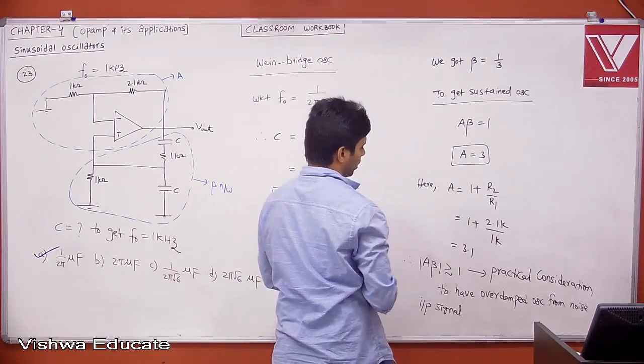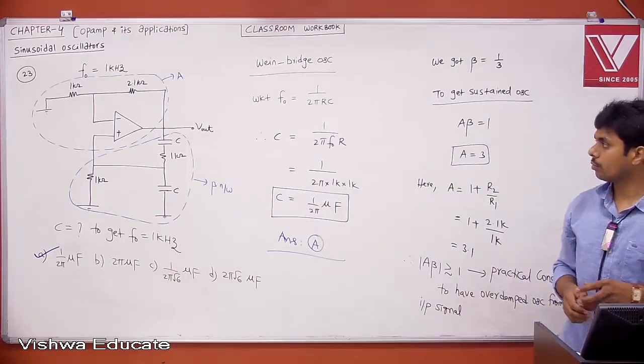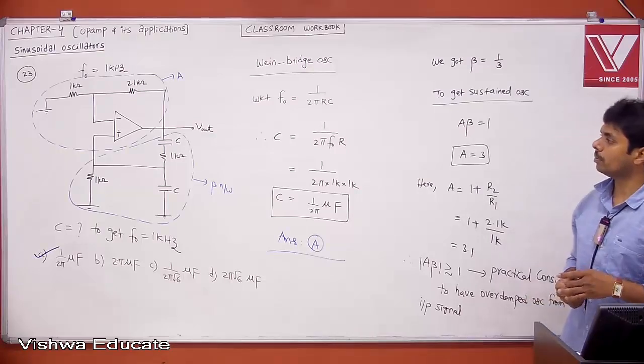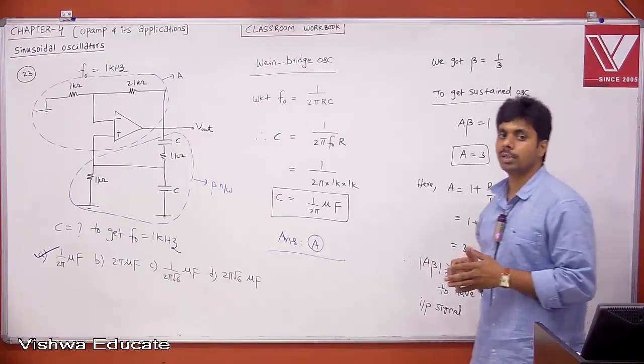But as the signal level increases due to non-linearity, the overall large signal gain of your op amp will decrease and come close to 1. It will be limited to that.